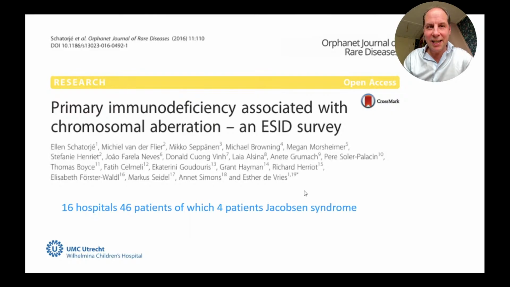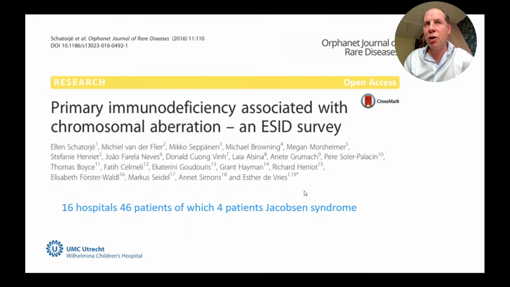But we've also seen that children and people with syndromal conditions, where there are complex genetic mistakes, can have immune deficiency too. You can think of Down syndrome, where there's an extra copy of chromosome 21, or you can think of the 22q11 deletion syndrome, where in chromosome 22 there's a deletion of part of the chromosome.